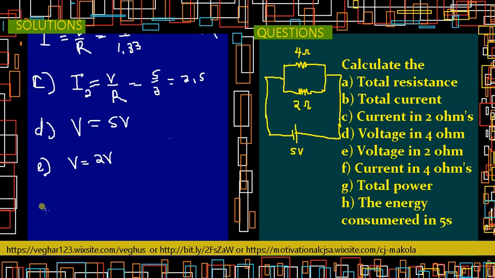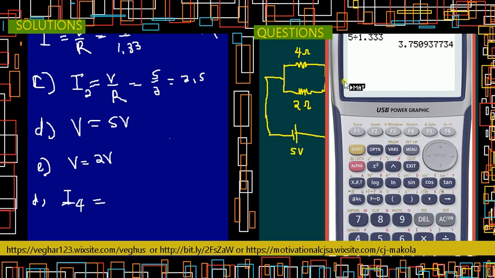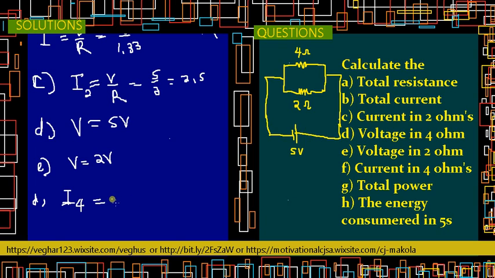So the current in resistor number 4: because we got 3.75 on top, we'll write the total minus the current in I2, because the current will divide here, some will go here, some will go here, but the total is the same here.